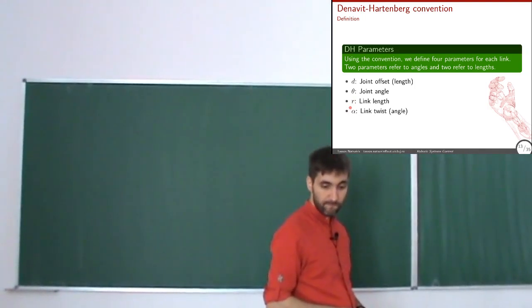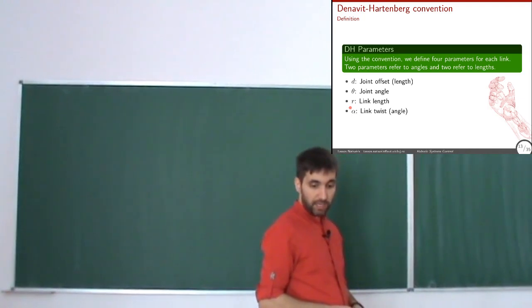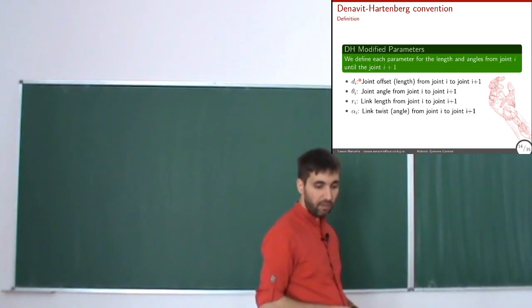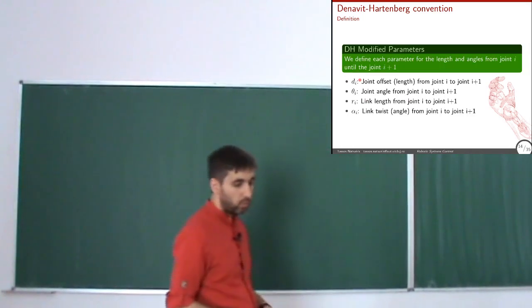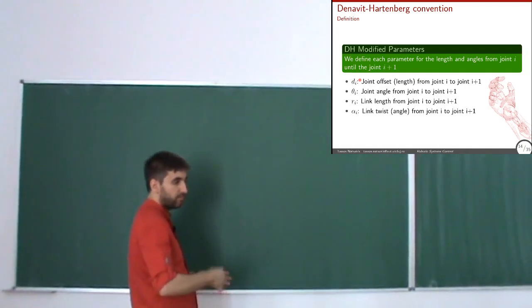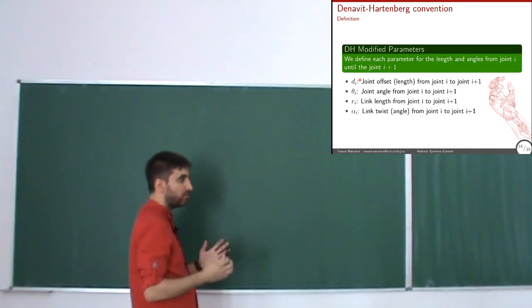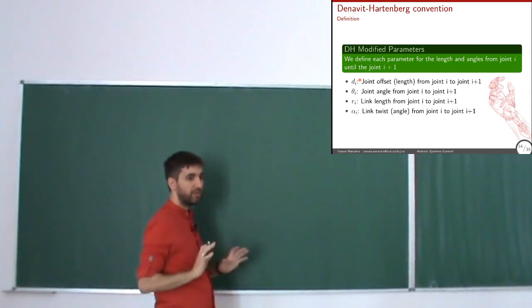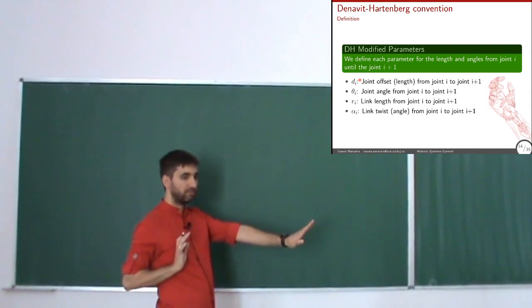Now, how are these parameters defined? Basically, when we have joints on a robot, we always look from one joint to the next one. These 4 parameters describe the situation from one joint to the next joint.